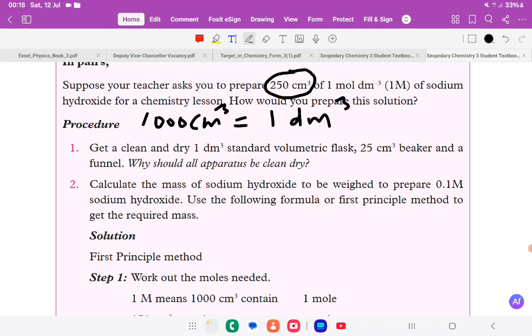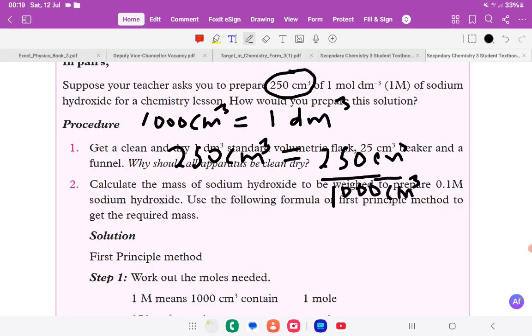That means 250 cubic centimeters is just as good as 250 cubic centimeters divided by 1000 cubic centimeters multiplied by 1 cubic decimeter.